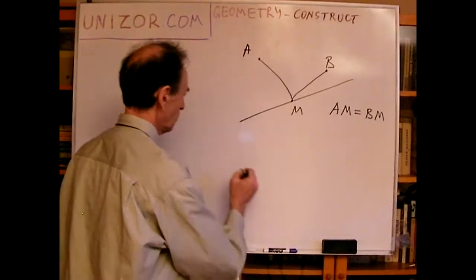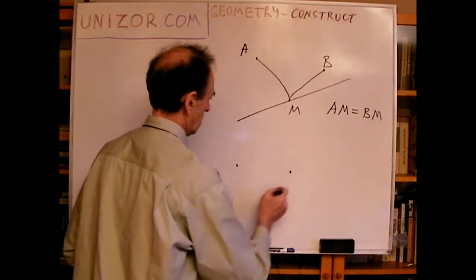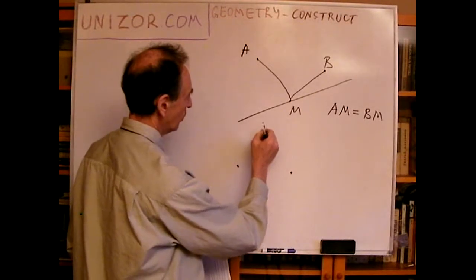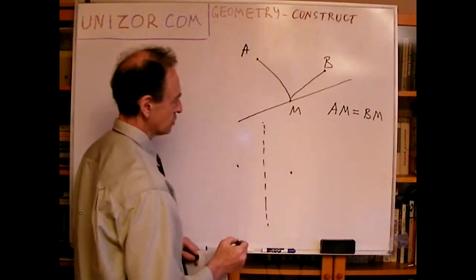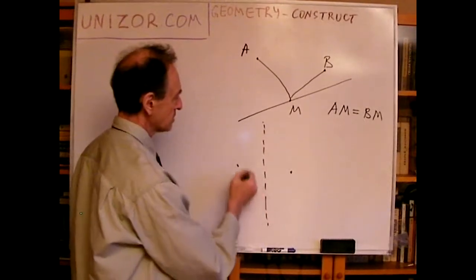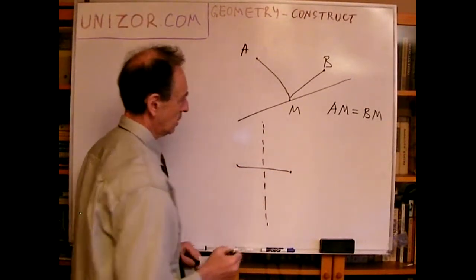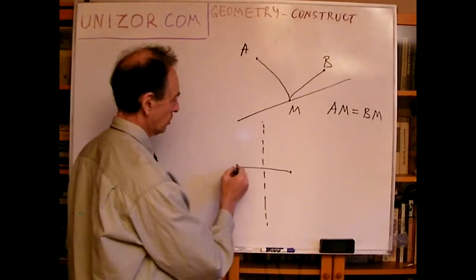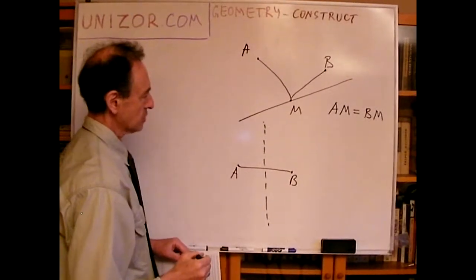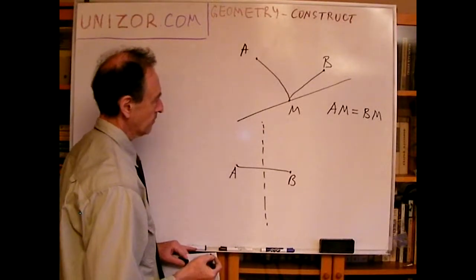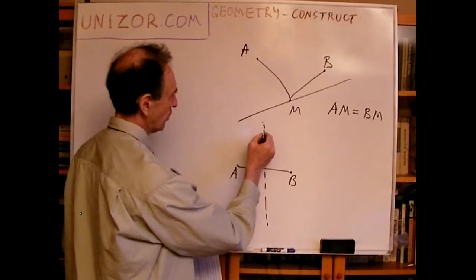If I have 2 points, and I need all the points which are equidistant from these two, well, I claim this is the perpendicular bisector to the segment which connects these 2 points. Why? Well, it's very easy to prove.